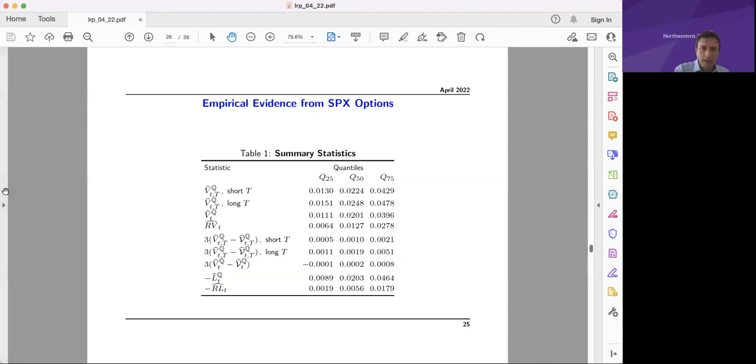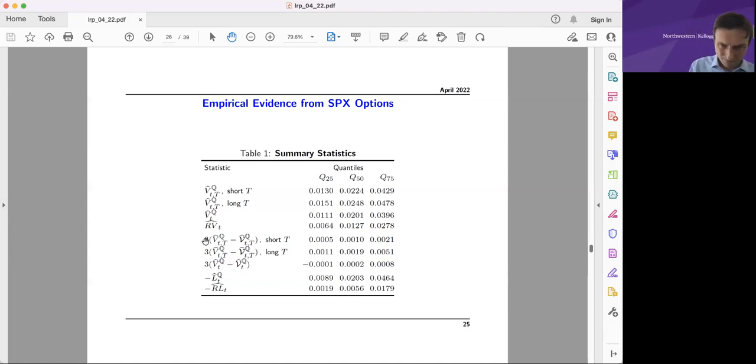Now we can do the same comparisons, but looking at the third moments. The reason you see this multiple of 3 is that when you take the difference between the two risk neutral variances and multiply it by 3, you get approximately the third moment of the jump risk.